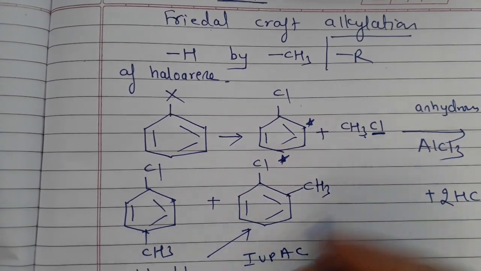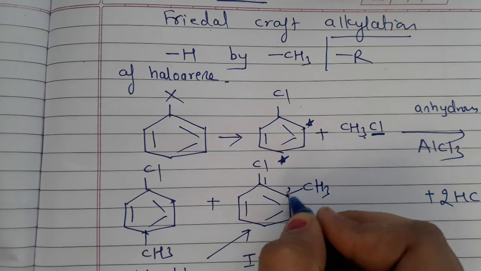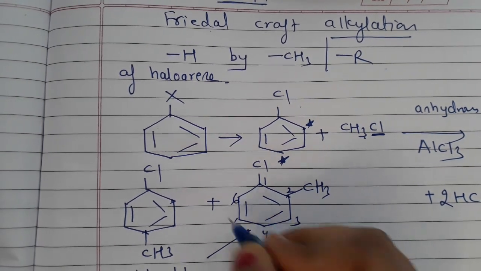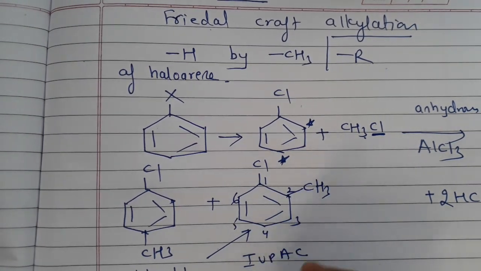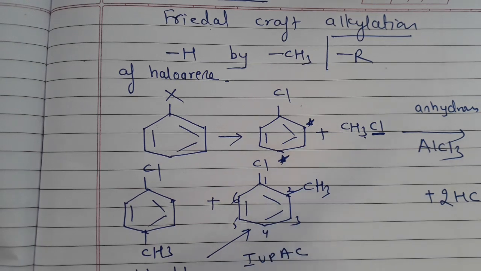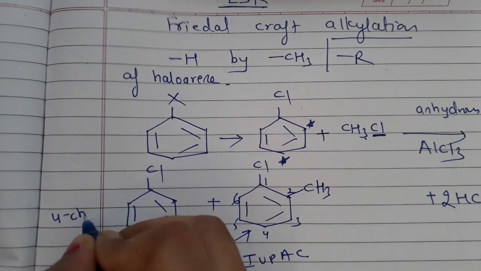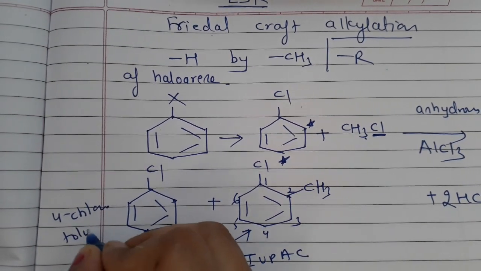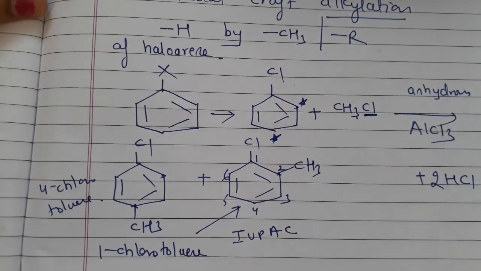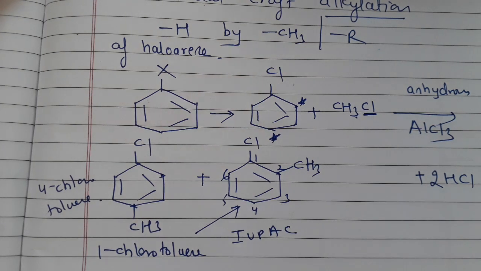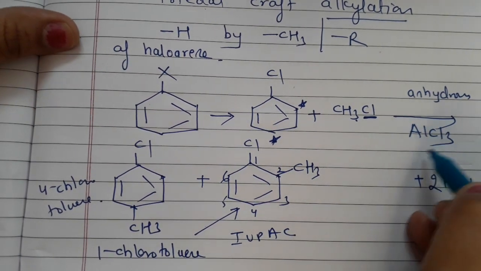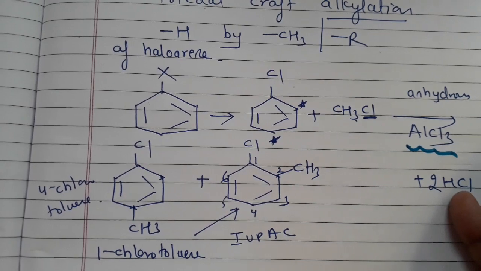So it is 1, 2, 3, 4, 5, 6, 1-chlorotoluene, and this is going to be 4-chlorotoluene. Now the important point to note is, what is the role of anhydrous AlCl3?